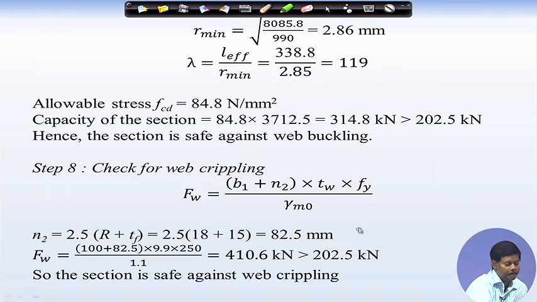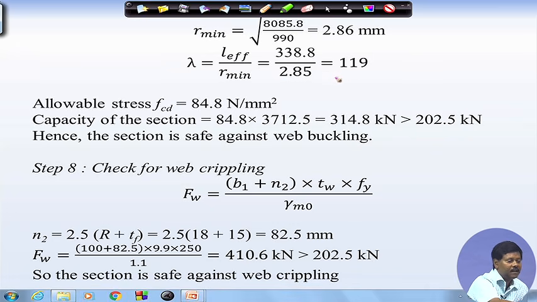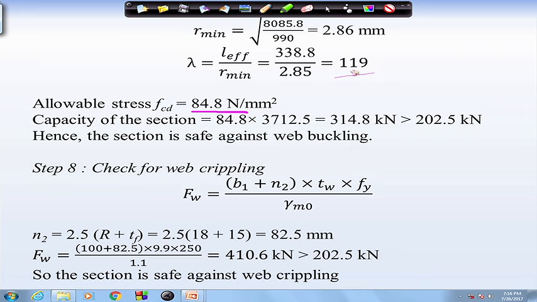Then I can find out r minimum as 2.86 and then lambda. Once lambda is found, we can find out the value of allowable stress FCD, because corresponding to this lambda and with buckling class C for Fy equal to 250, the allowable stress is becoming 84.8 from table 9C.